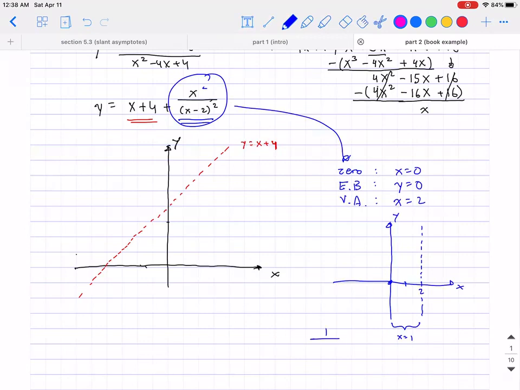We get 1 divided by 1 minus 2 quantity squared, which gives us 1 over 1, a positive number. That tells me that whatever I'm graphing within the interval of 0 to 2 is going to be positive. Graphically, you start at the zero, and at x equal to 1 you get y equal to 1. And because you have a vertical asymptote, the graph should do something like this.